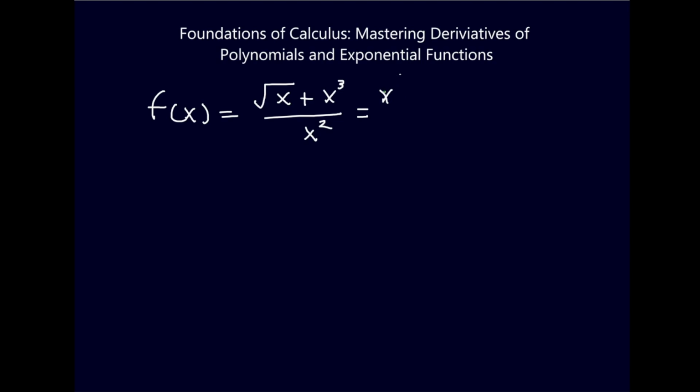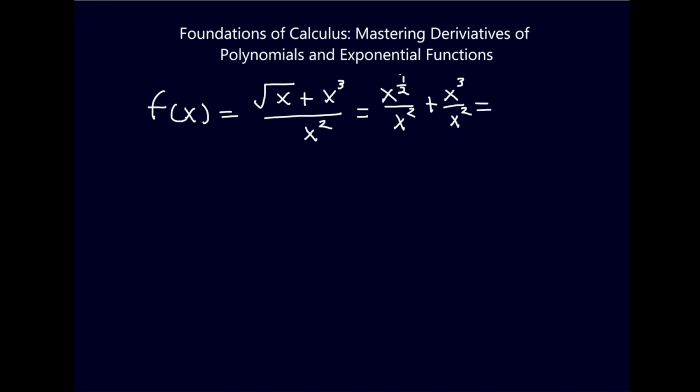The square root of x is x to the 1/2 over x squared, and we can break this up by the plus. So that is x cubed over x squared. Now this is starting to look a little bit more like something we can work with, but we have one more step.